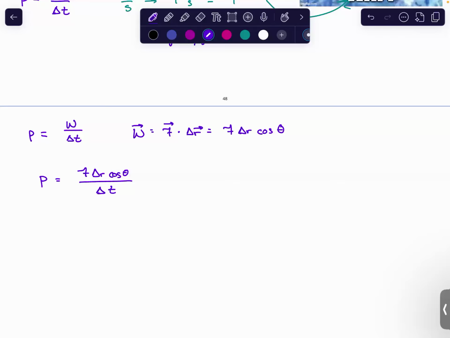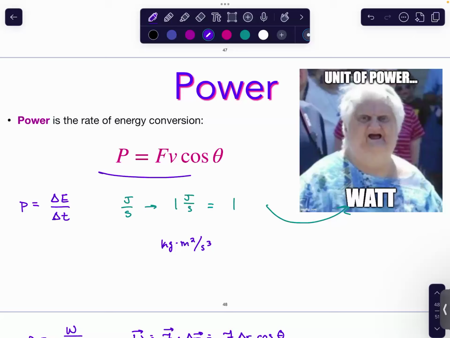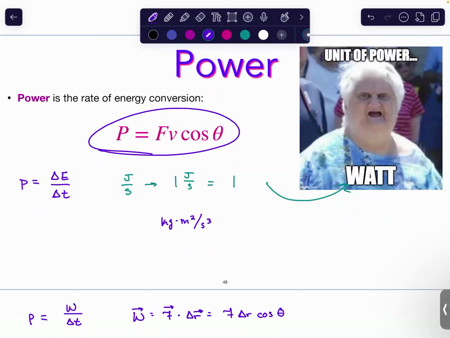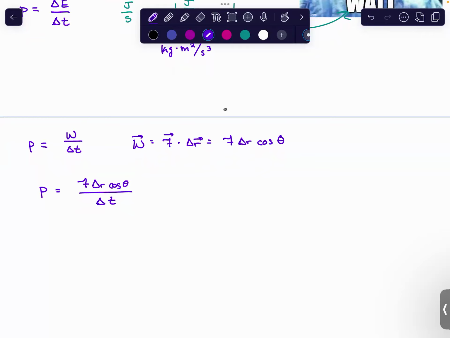How do I get from here? Force times velocity cosine theta. You go back over time. Gotta get rid of it. So yeah, you gotta take out your distance over your time. You turn it into velocity.